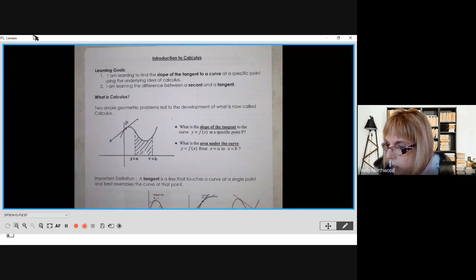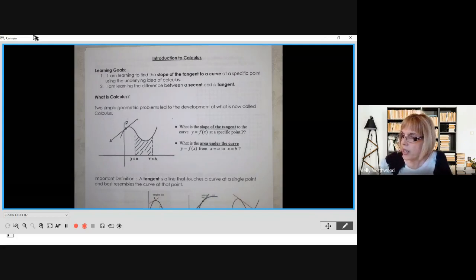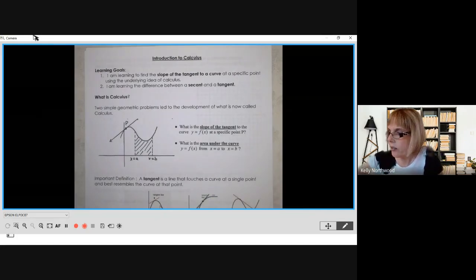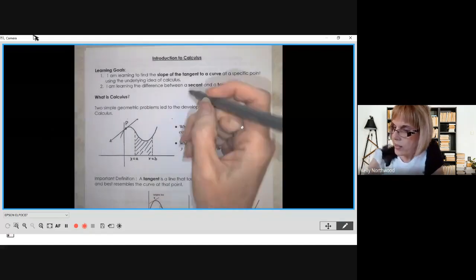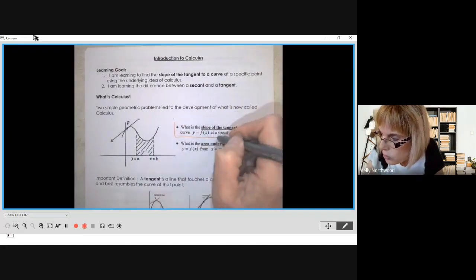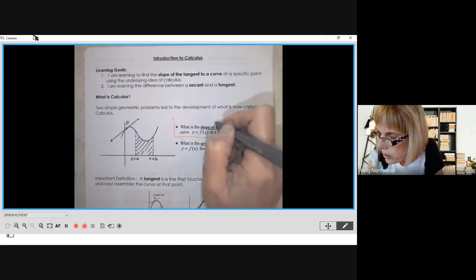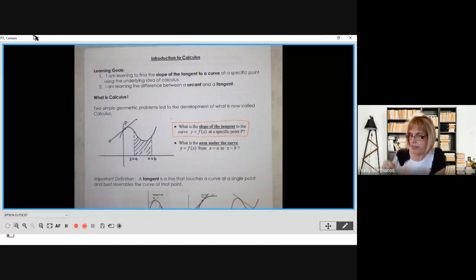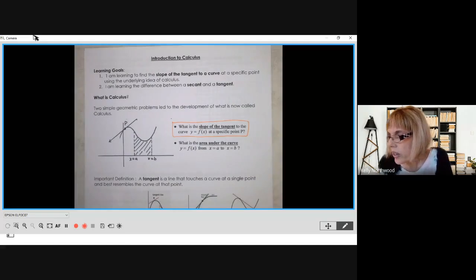So two simple geometric problems led to the development of what we now call calculus. The first one is, what is the slope of a tangent to the curve y equals f of x at a specific point? And this is differential calculus, which is what we focus on in grade 12 calculus, okay? And what is the area under the curve?